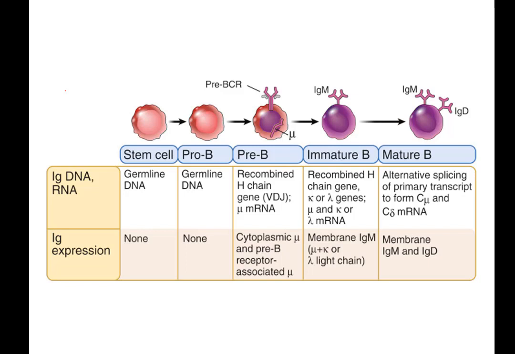We throw up the same identical light chain, and now we have a mature naive B cell, because it has two different heavy chains with the same VDJ region on them, and identical light chains.